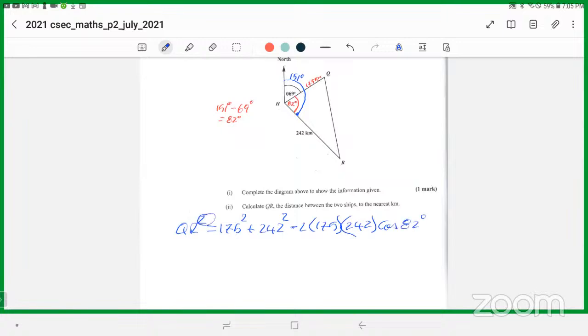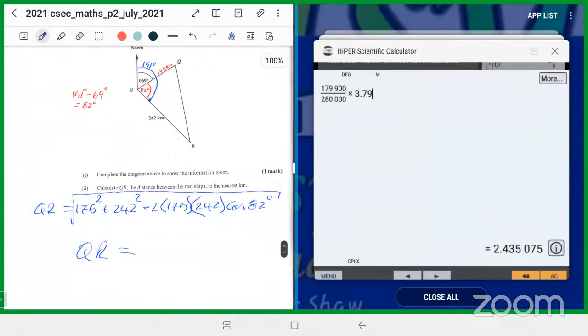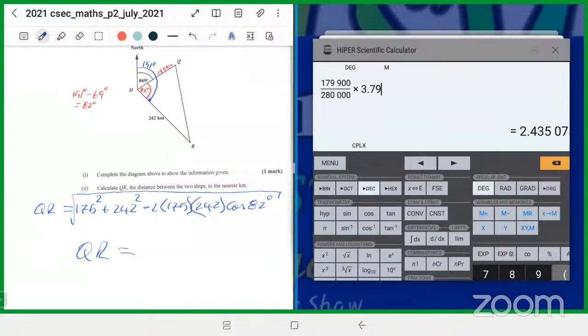Instead of putting a square on here, we can take the square root in one calculation for QR, so we don't need to write two lines. Let's drop it in the calculator now.